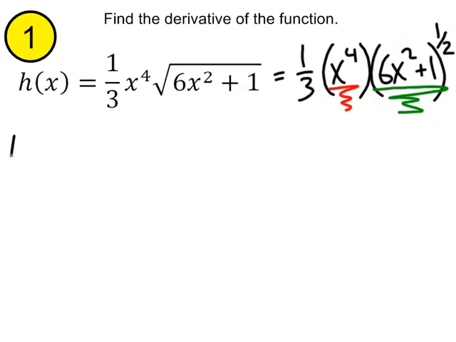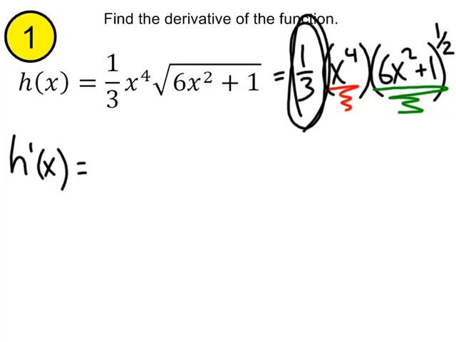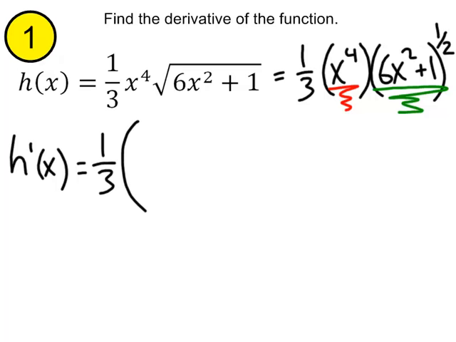Let's jump into the derivative, h prime of x equals, and like I said, I'm going to treat this 1/3 as just a constant hanging outside of 2 functions of x. So let's put that 1/3 out front, and then put a big old set of parentheses there, and I hope I'm leaving enough room. This product rule is going to be applied within those parentheses.